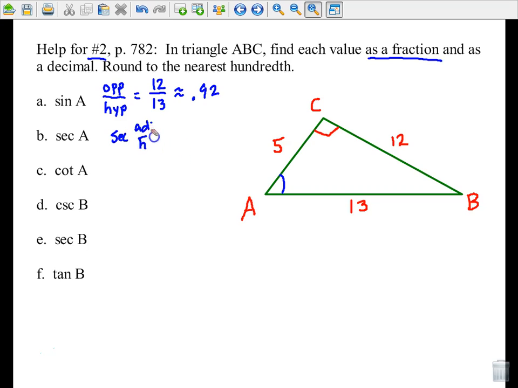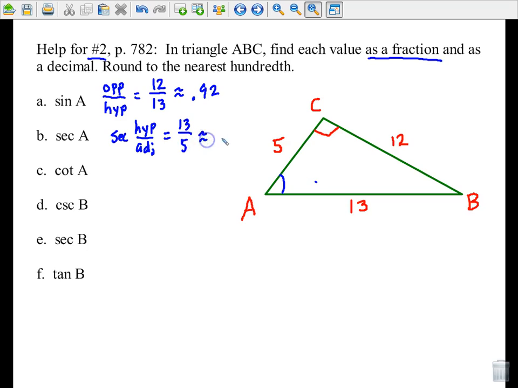All right. So secant is hypotenuse over adjacent. And so looking out from angle A, the hypotenuse is 13. And the side that's adjacent to angle A is this side AC, which measures 5.